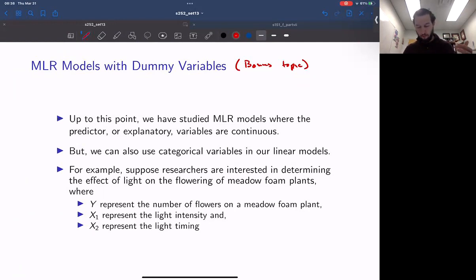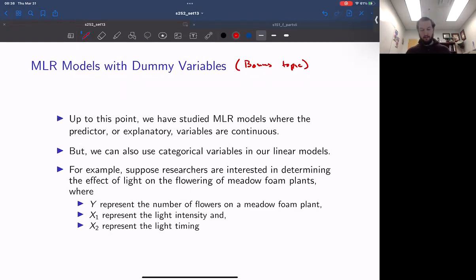I talked before about how MLR models or ANOVA models are actually special cases of regression models, but they use categorical variables rather than continuous variables. So what this unit is about is how we actually include categorical variables in our model.